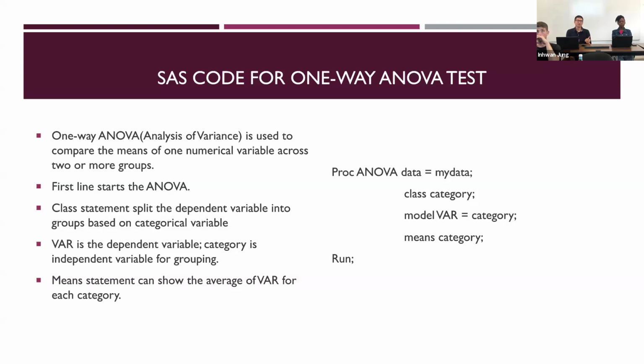In the third line, the VAR is the dependent variable. I just made this label, so VAR. So category is an independent variable for grouping. The last line, the means statement, can show the average of the variable for each category.